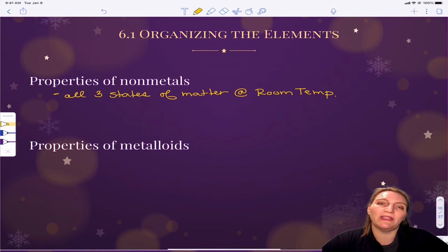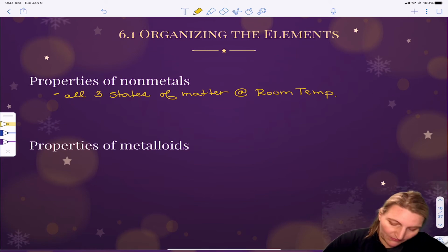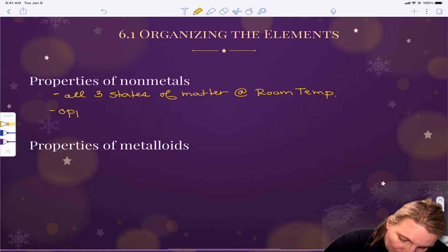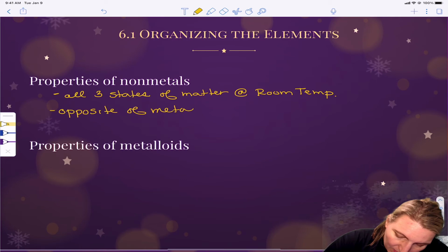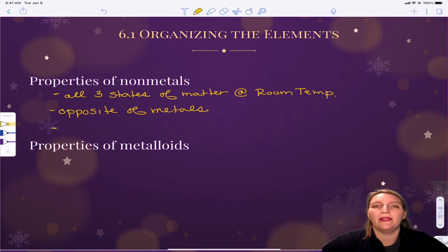And basically, we're going to say that the properties of nonmetals are the opposite of the properties of metals. They are not malleable, not ductile. They don't conduct electricity and heat. And also the opposite of metals, they don't lose electrons. They tend to have a lot of valence electrons, 4, 5, 6, 7, 8.